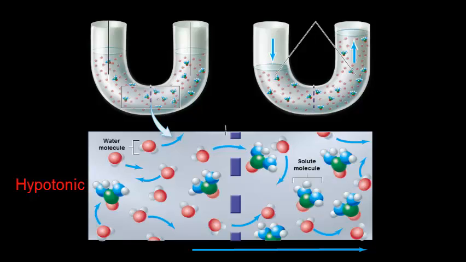That side is hypotonic, whereas on the other side of the U-tube, you have a higher concentration of solute molecule, which makes that side hypertonic. In that instance, the water wants to move from the hypotonic side to the hypertonic side, resulting in the water on the right side of the U-tube increasing.